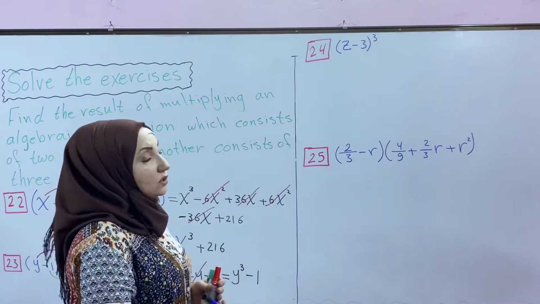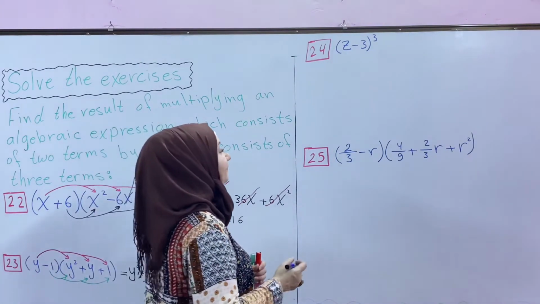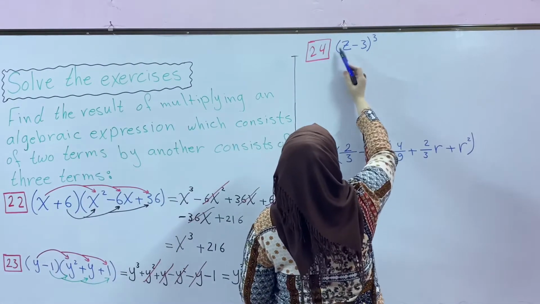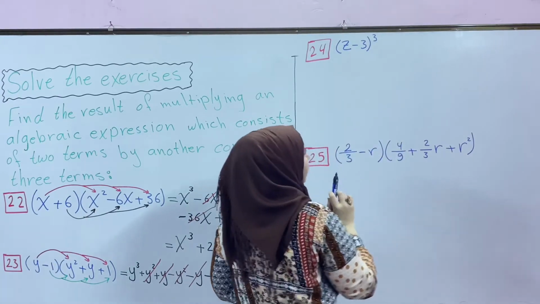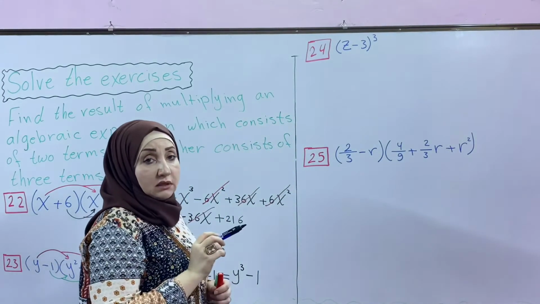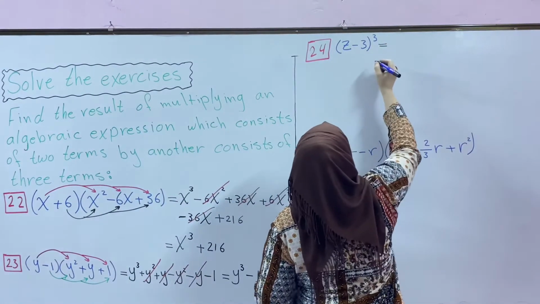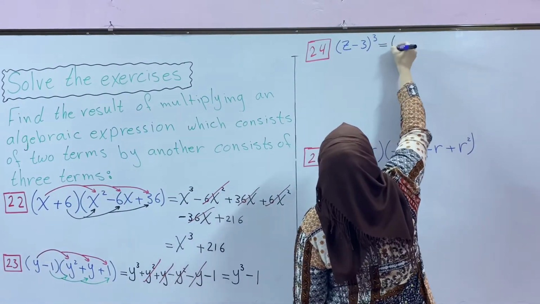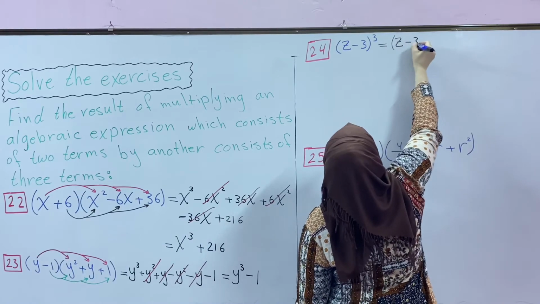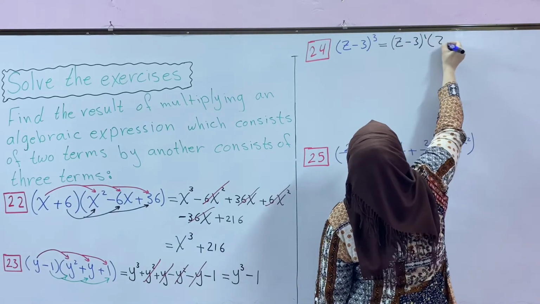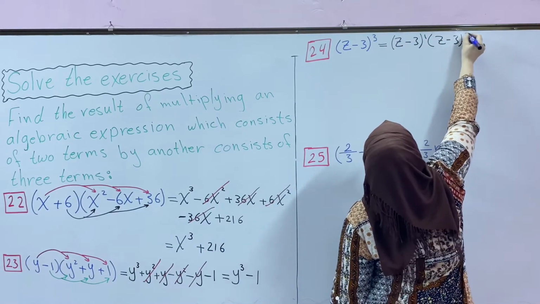And now we will solve number 24. Here we have an expression to the power 3. Can we find the result immediately? No. We will write it in this way. We will write z minus 3 to the power 1 multiplied by z minus 3 squared.